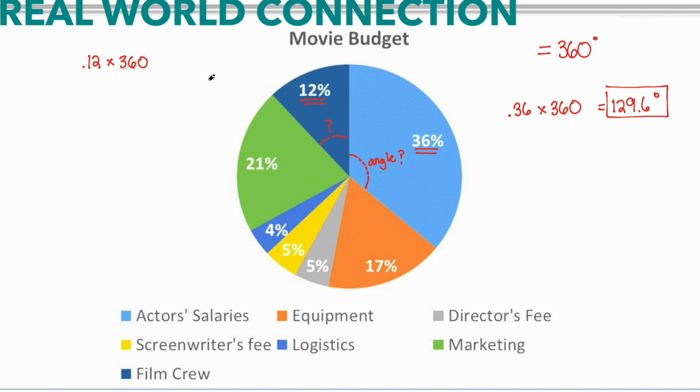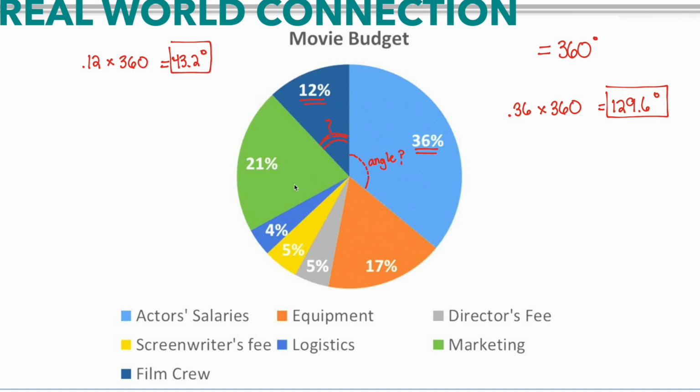Anytime you're doing a percent, you always have to make sure that it becomes a decimal. So 12% is the same thing as 0.12. When you multiply 0.12 times 360, you will get 43.2 degrees. And that represents the arc length, or the central angle in this case, of these different measurements.